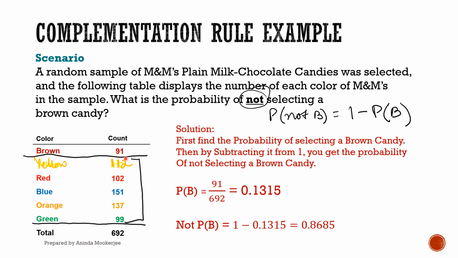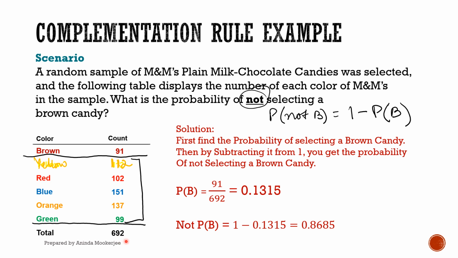So the probability of selecting a brown candy is 91 over 692, correct? f over n. Here they haven't given you the probability value. You have to calculate it. They've given you the frequency values and n, which is 692.